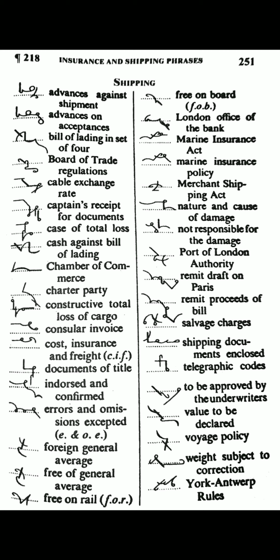V above the line, J through the line, intersecting it with P for policy. Weight subject to correction. V halved for weight, S circle B for subject, and cur doubled with Shan hook for correction. York Antwerp rules. Y upward, intersecting it with N halved, and way upward verb. Okay, downward L with a circle for rules is used here.